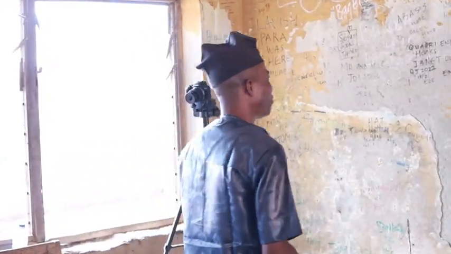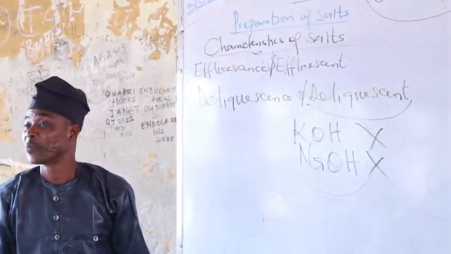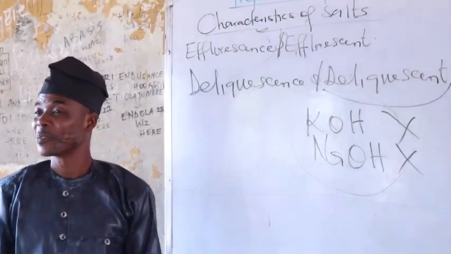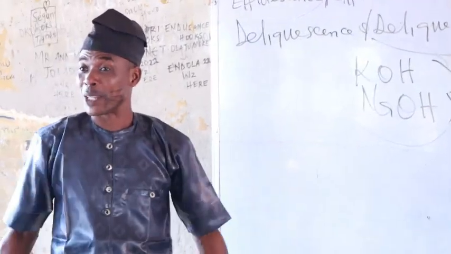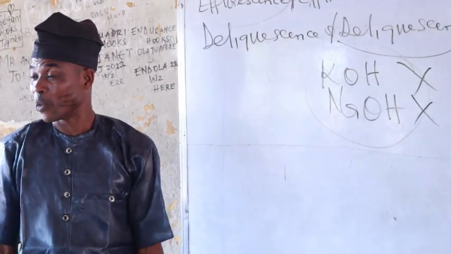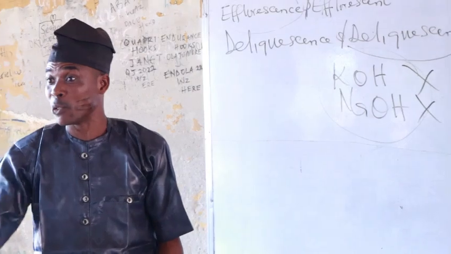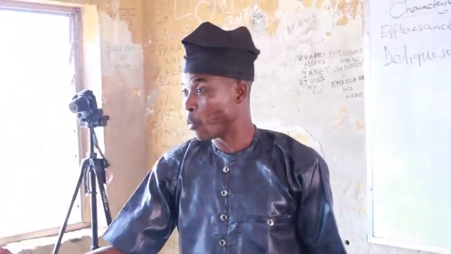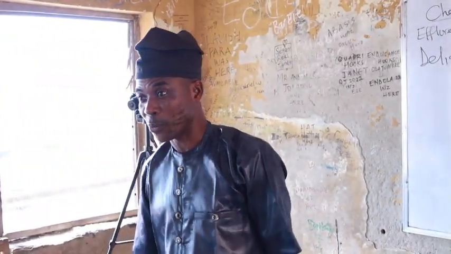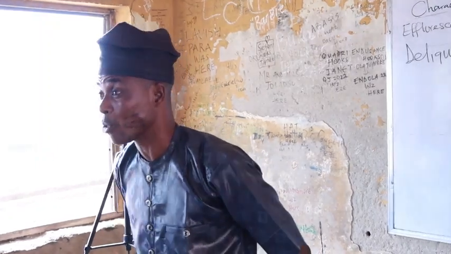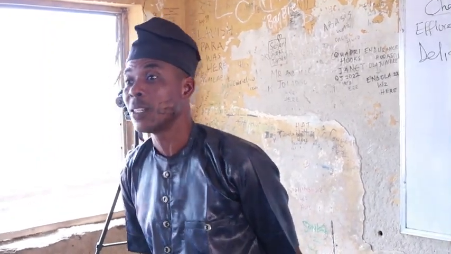Is that taken? Now let's give an example. What are the examples? You are only aware of sodium hydroxide and potassium hydroxide because they are common in the laboratory. You see them absorb moisture and return to solution. They are deliquescent, but they are not salts. Don't treat them as an example of a deliquescent salt.